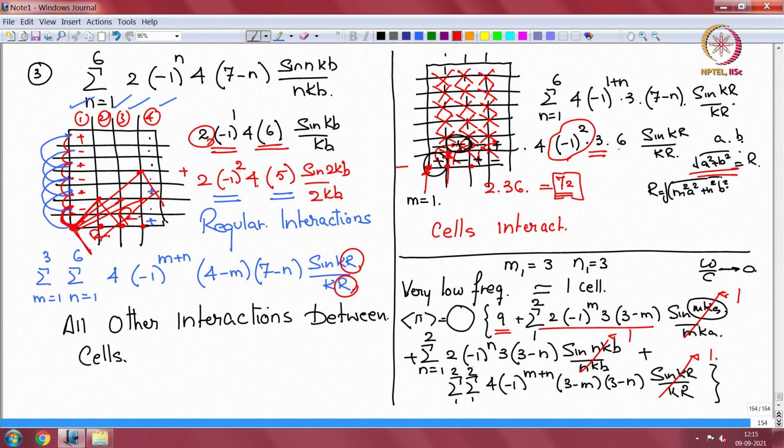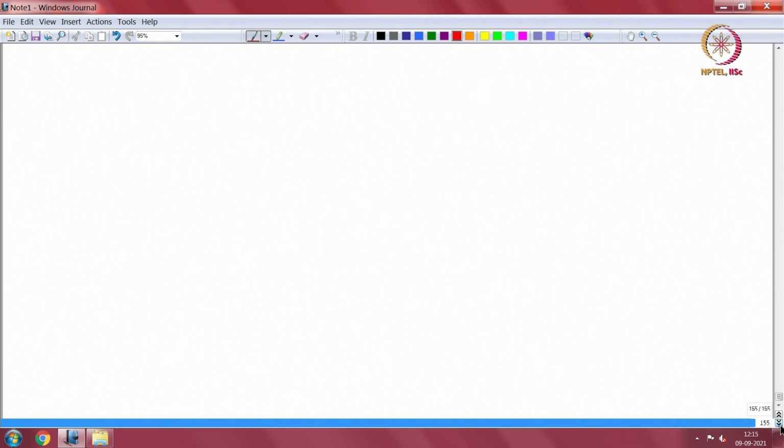I have to sum these up, which I will do on the next page, and if you trust me, I will not repeat the formula, that is why. Okay. So that turns out to be here 9 plus the second term gives me 2 into minus 1 into 3 into 2 plus 2 into 3 into 1.